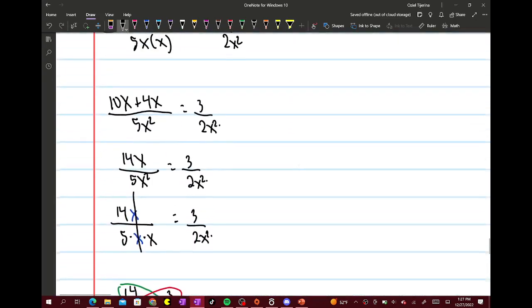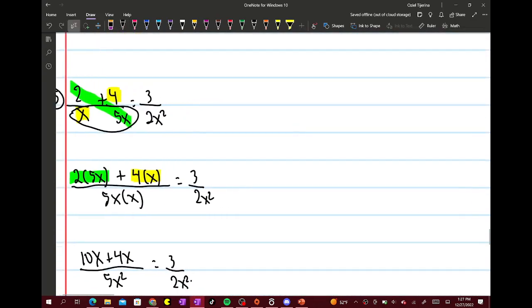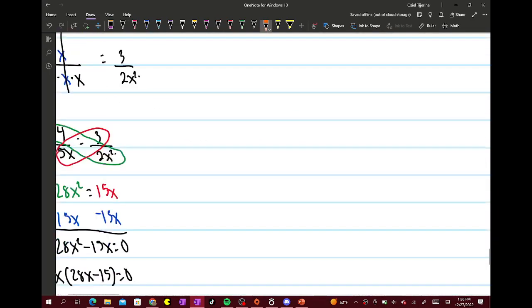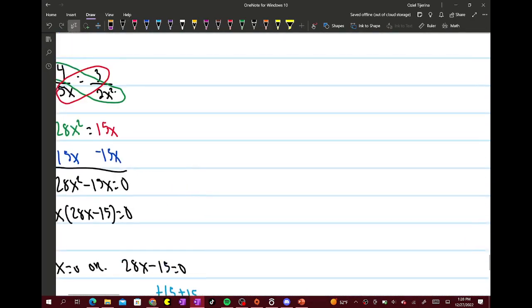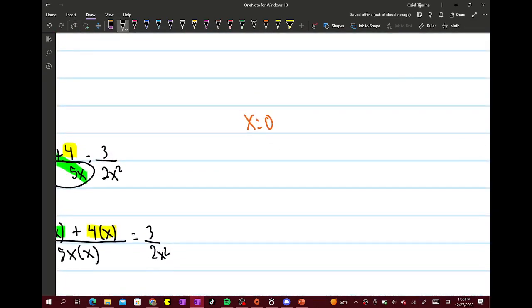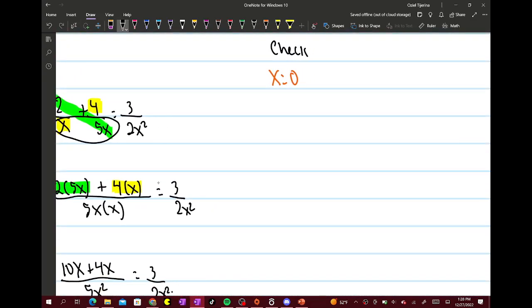Now, we want to make sure and check it. So x equals 15 over 28, or let's do x equals 0 first. So check x equals 0, and we're going to rewrite it: 2 over x plus 4 over 5x is equal to 3 over 2x squared, right?